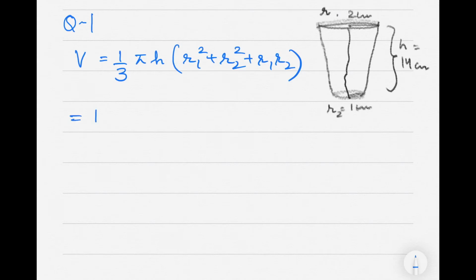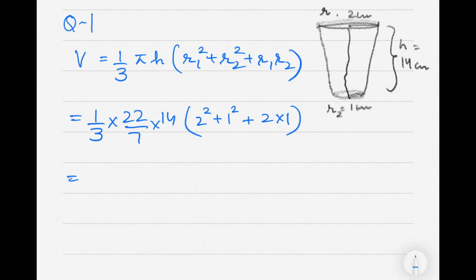Volume is equal to 1 by 3 into height 14, and pi is 22 by 7, into 2 square plus 1 square plus 2 into 1. So now I get 1 by 3 into 44 into 4 plus 1 plus 2.